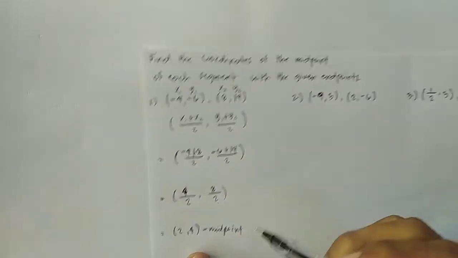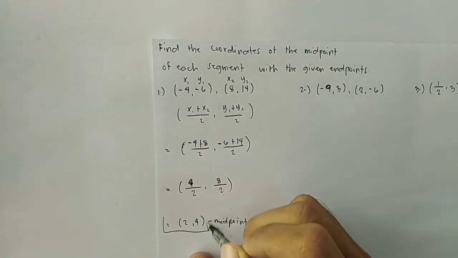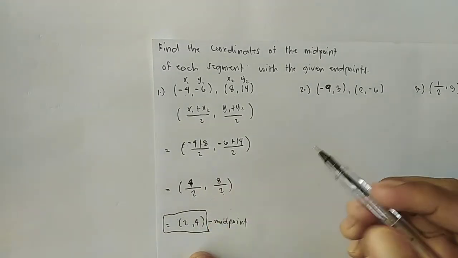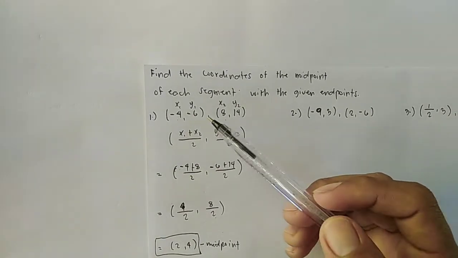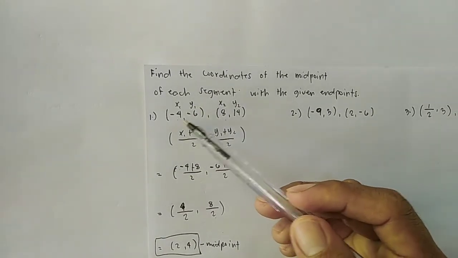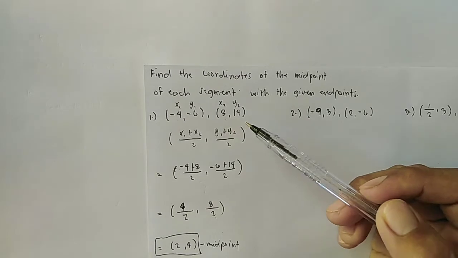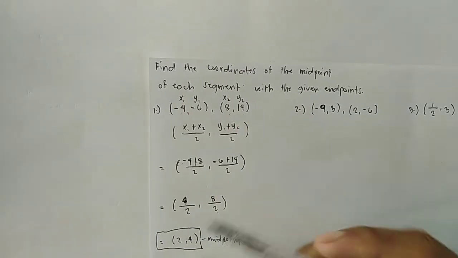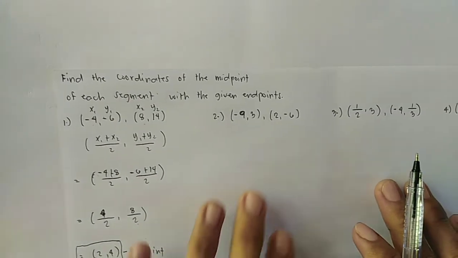So this is our answer. The midpoint of the line segment with endpoints -4, -6 and 8, 14 is 2, 4. Let us move to the second example.